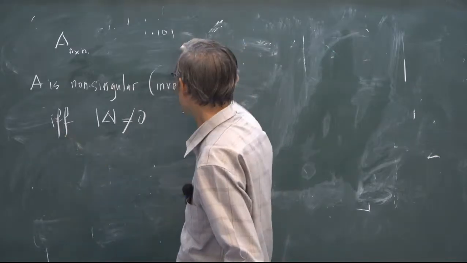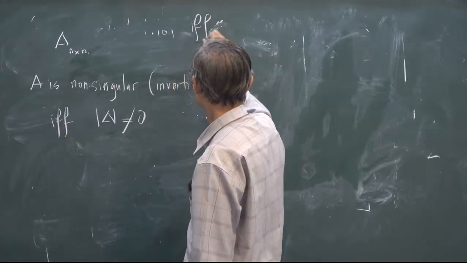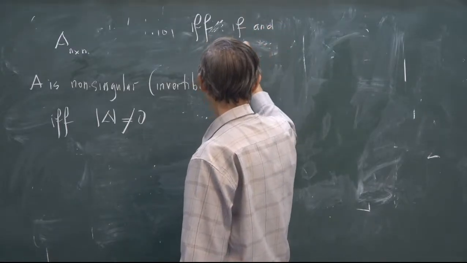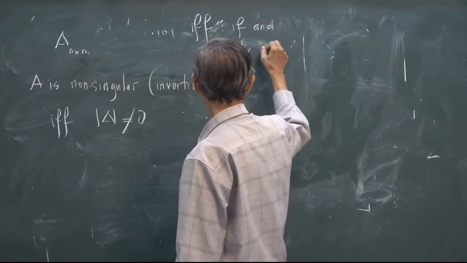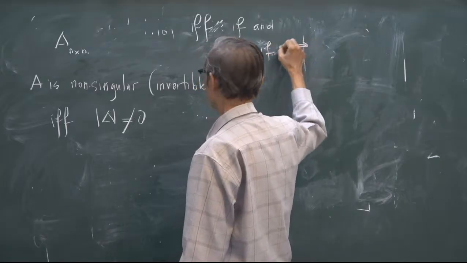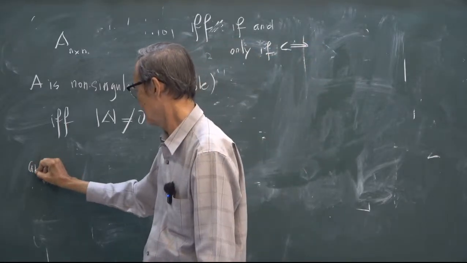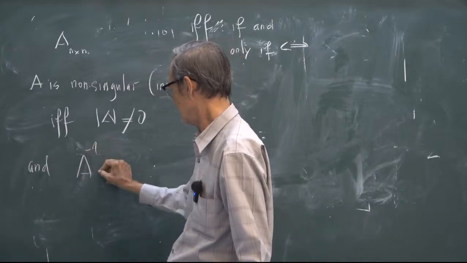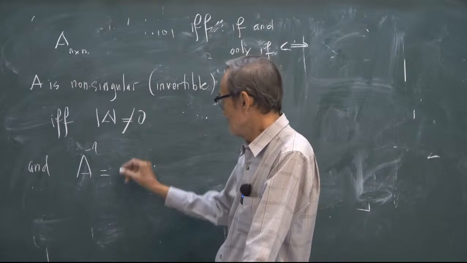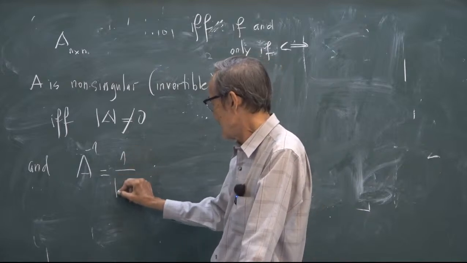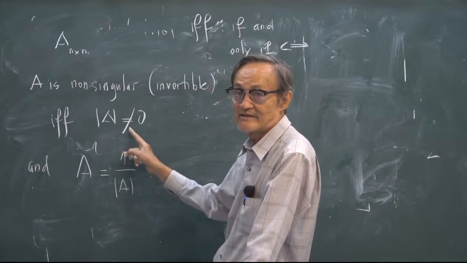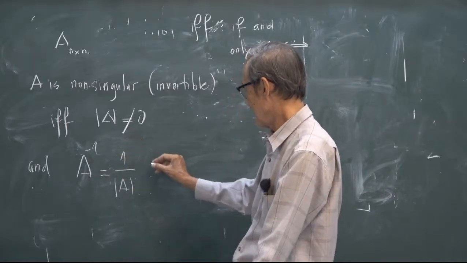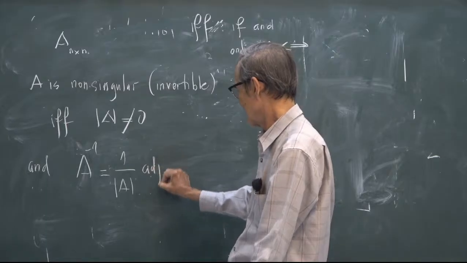And the inverse of A is defined by 1 over the determinant of A, since it is different from 0 we can divide, and the adjoint of A.